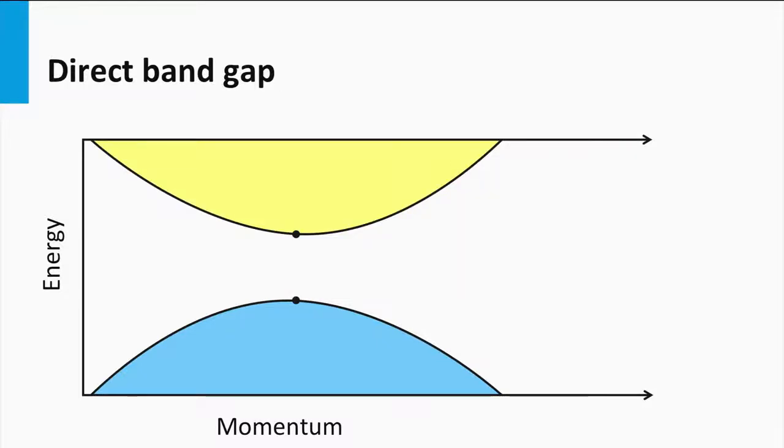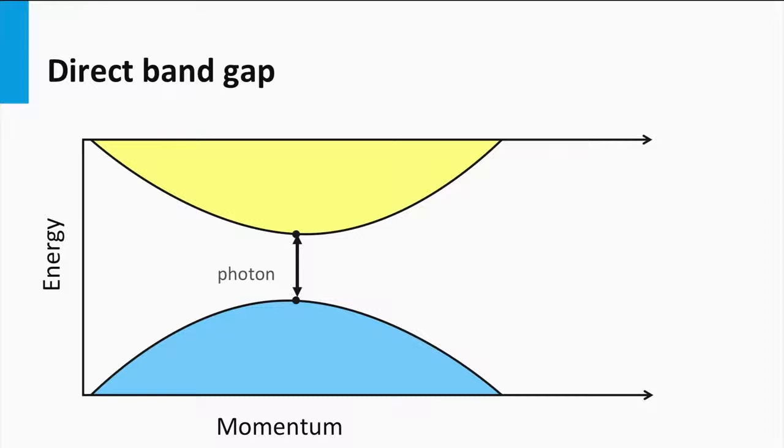In contrast, a direct band gap has the highest point of the valence band vertically aligned with the lowest point of the conduction band in the energy momentum space. This means that exciting an electron from the valence to conduction band requires only the energy provided by a photon, without any additional momentum transfer.